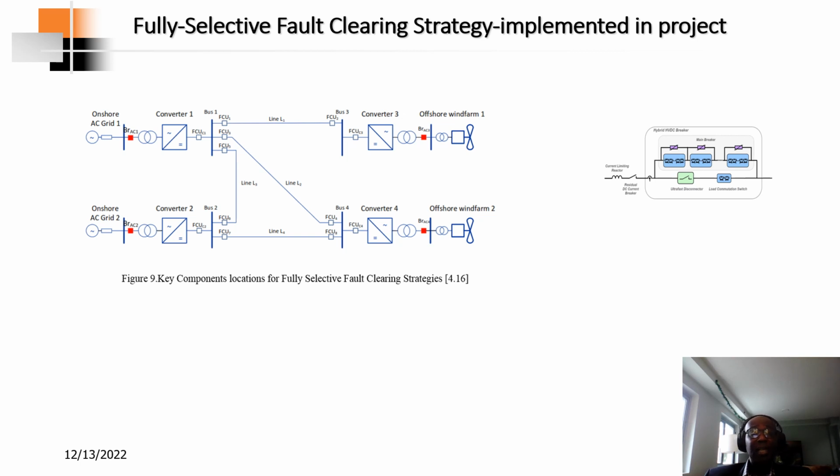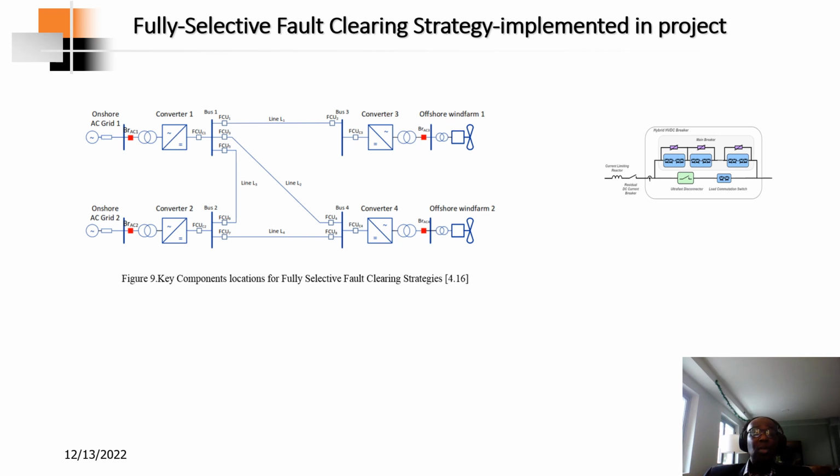So this one is a typical example of a meshed multi-terminal DC grid. As you can see, if we were to have a non-selective fault clearing strategy utilizing AC breakers, what is going to happen if there's a DC side fault and we trip all these AC side breakers?